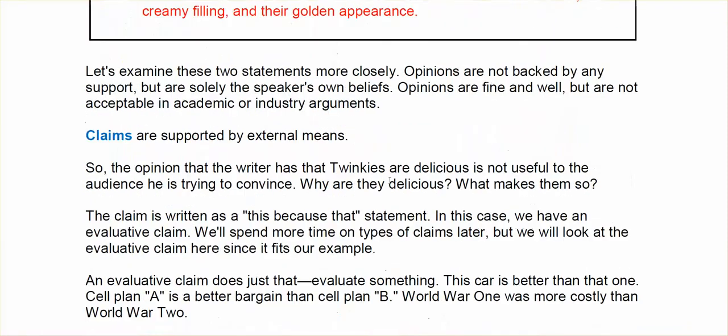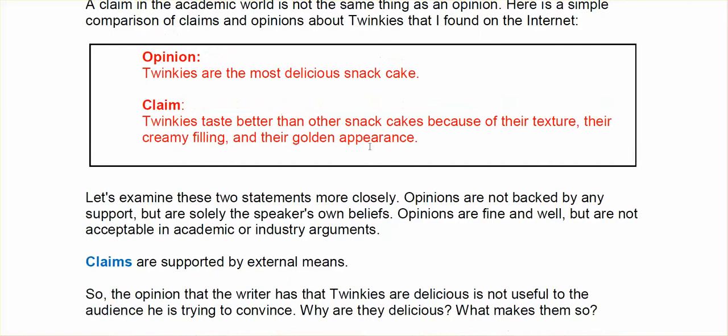So in my Twinkie example here, I have an evaluative kind of claim. I'm evaluating something. I'm saying Twinkies are better than other snack cakes. Why? Well, the criteria I'm going to use to discuss why Twinkies are better is their texture. That's support 1, that's subclaim 1. Their creamy filling, that's subclaim 2, and their golden appearance, that's subclaim 3.